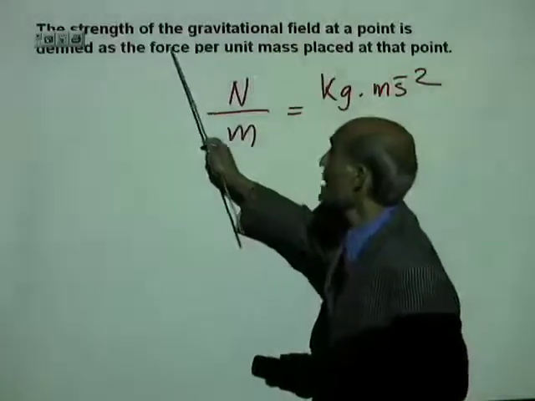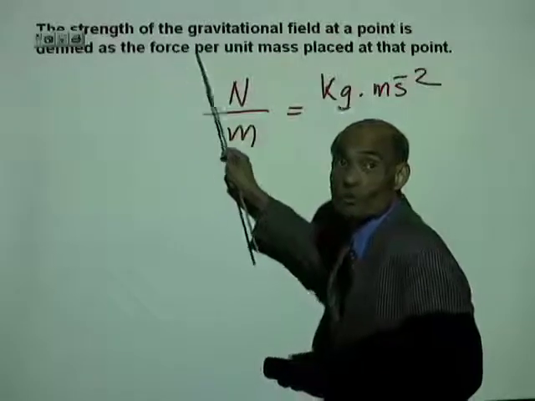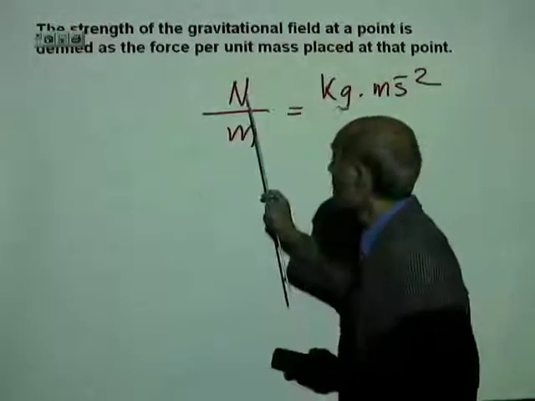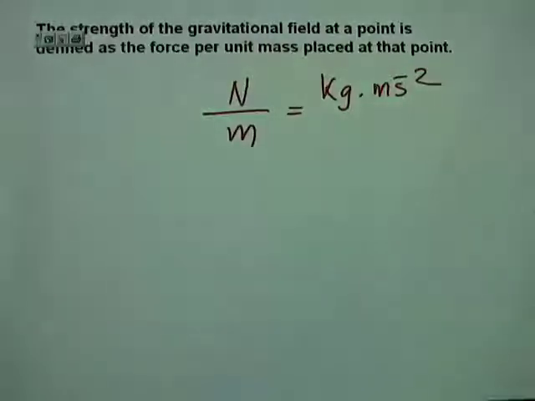The strength of the gravitational field is force per unit mass. It must be Newton per kilogram. And if you remember what a Newton is, kilogram meter per second squared, and if you divide that by kilogram, you notice kilogram and kilogram will cancel.